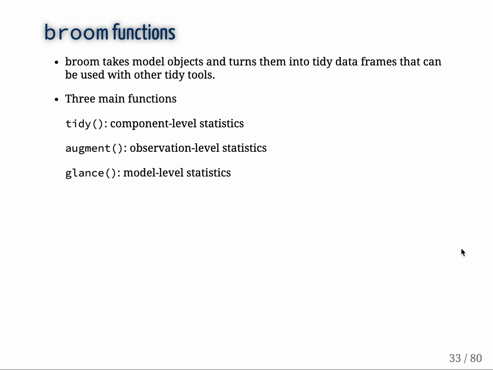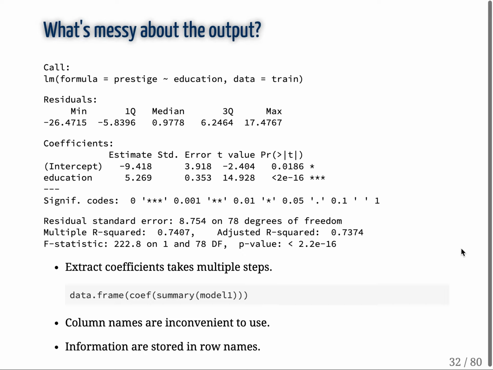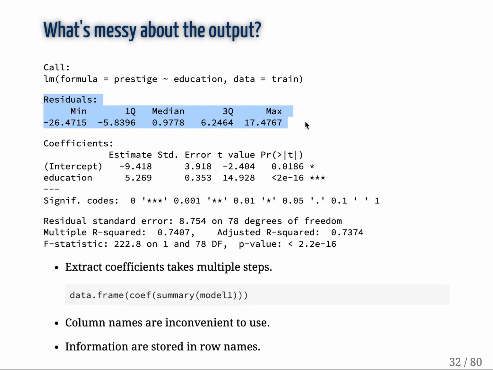Let's go back to the previous slide and observe these components. For each and every observation in our training data set, there is a residual value as well as a fitted value and some more. They are called observation level statistics. So here we have the summary statistics of residuals, which is related to observation level statistics.